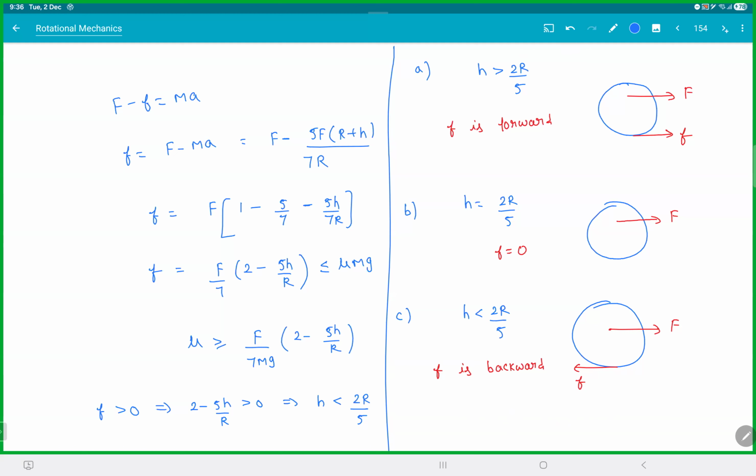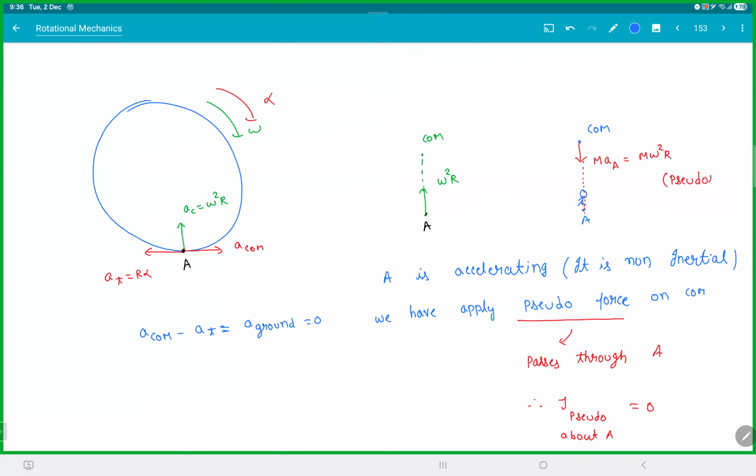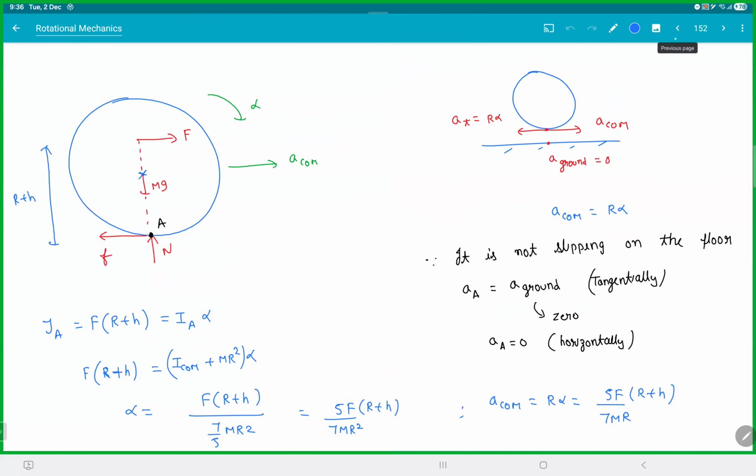Ah, right only, because this result I derived with the assumption f is backward, isn't it? If I got f positive, means the direction I took was right. If I got f negative, that means the direction I took was wrong. That is the meaning of this. It doesn't mean actually the friction is backward.